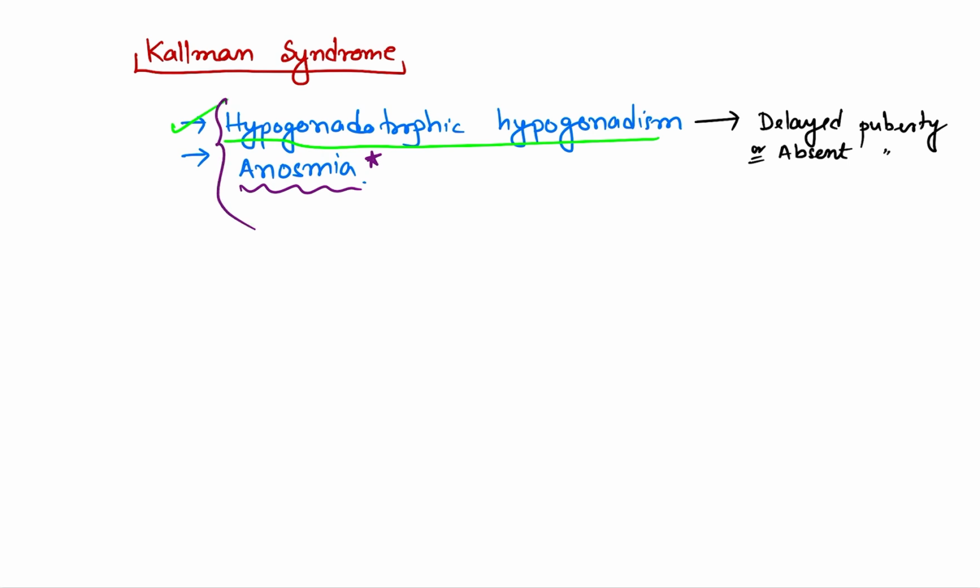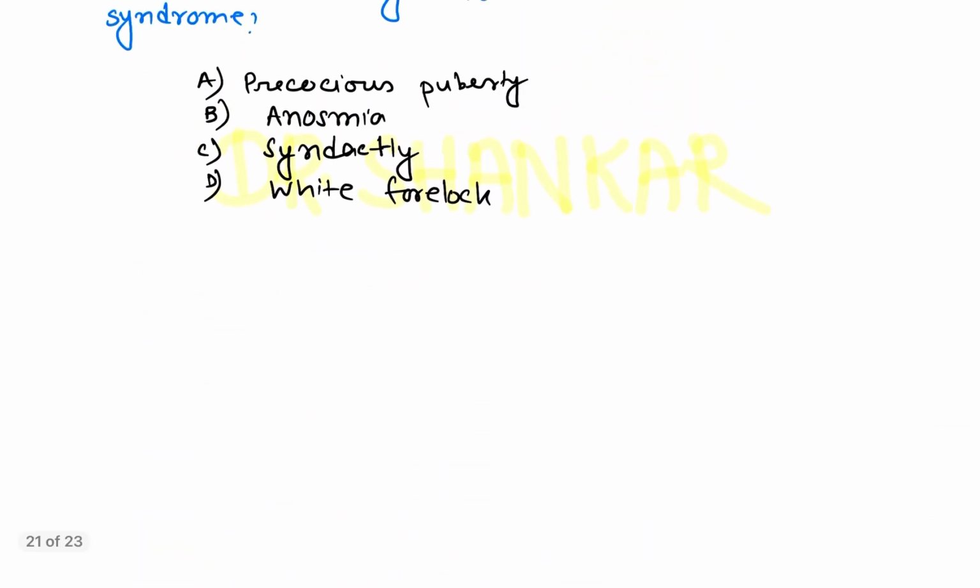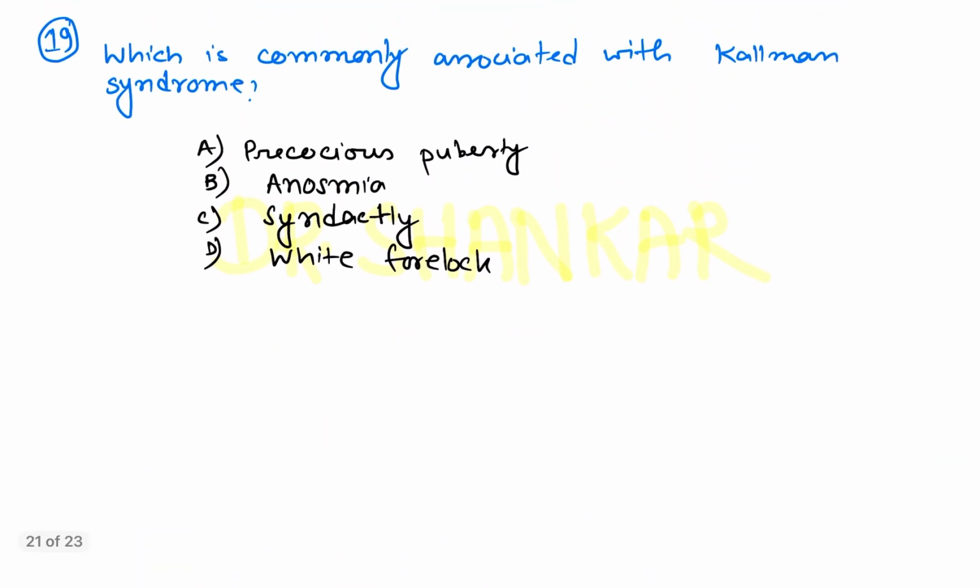Because of hypogonadotropic hypogonadism, there is either absent puberty or delayed puberty, with signs like delayed sexual maturation, delayed Tanner staging or amenorrhea, etc. So which is commonly associated with Kallmann syndrome? Answer is anosmia. As I have told you, precocious puberty is not the option, because this is associated with delayed puberty.